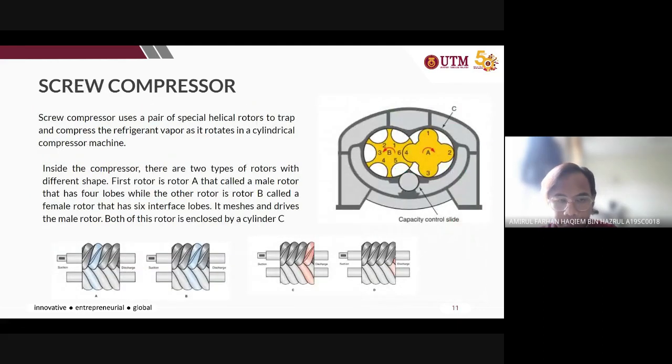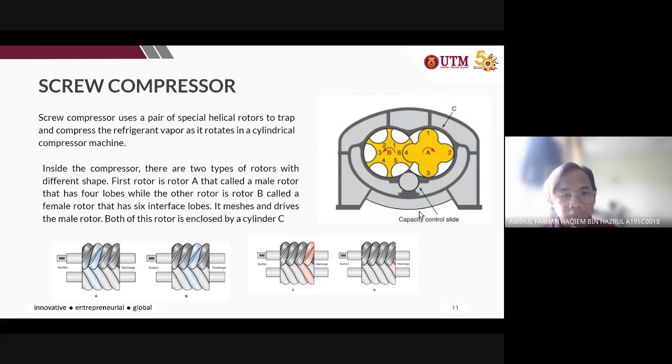The fourth one is the screw compressor, which uses a pair of special helical rotors to trap and compress the refrigerant vapor as it rotates in a cylindrical compressor machine. To elaborate, from the figure on the right, inside the compressor there are two rotors with different shapes.